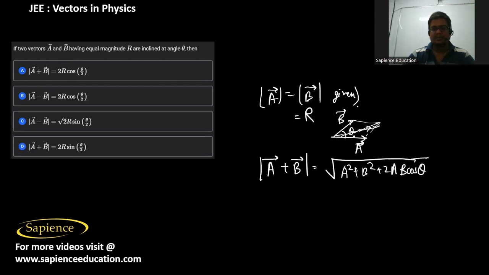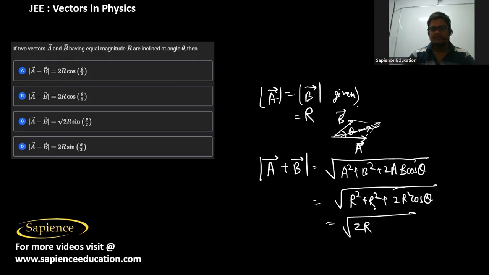They are inclined at an angle theta. The magnitude of A is R, so we can write this as the square root of R square plus R square plus 2R square cos theta, which is the square root of 2R square into 1 plus cos theta. Now 1 plus cos theta is equal to 2 cos square theta by 2.